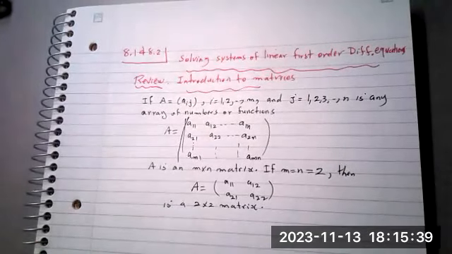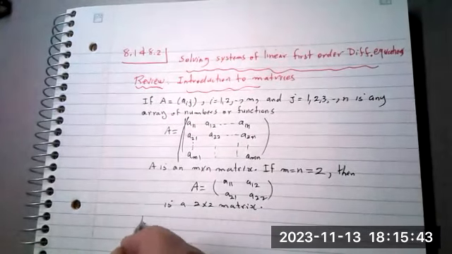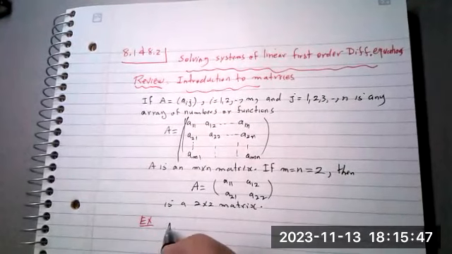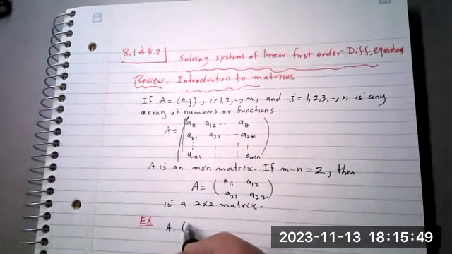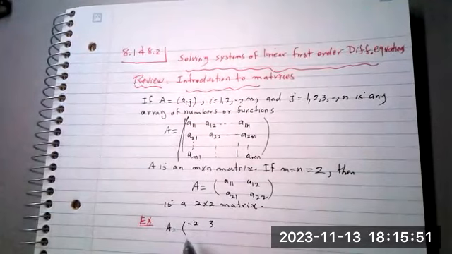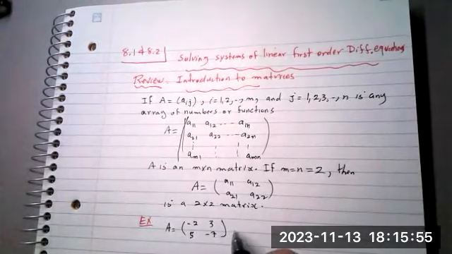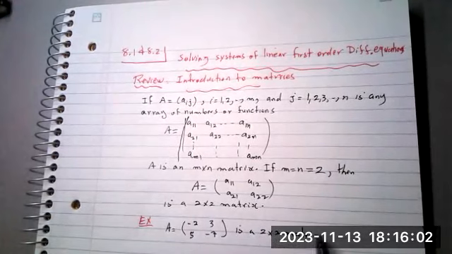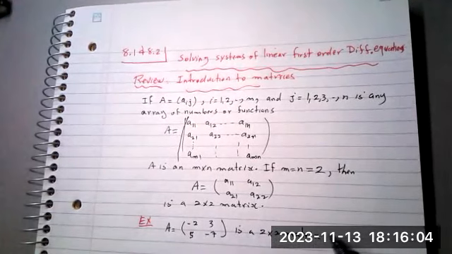So for the operations that we are going to have, for example, if I write A equal to -2, 3, 5, and -7, this is going to be a 2 by 2 matrix. Then I need to show the solutions in this form.